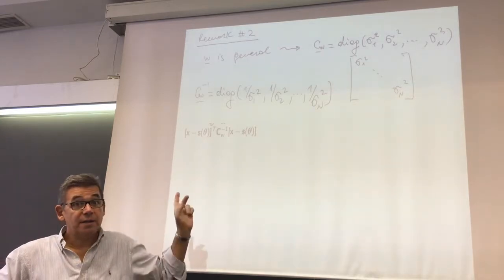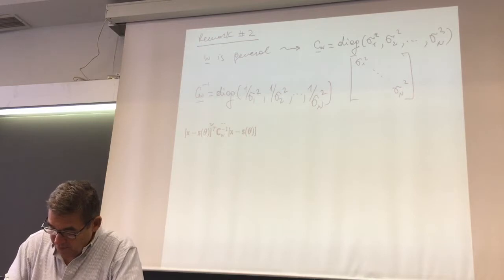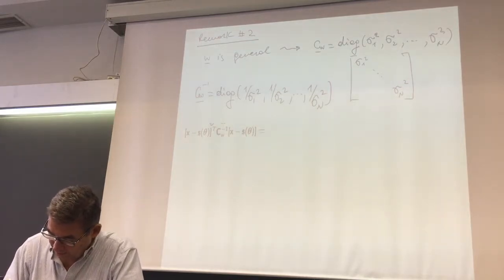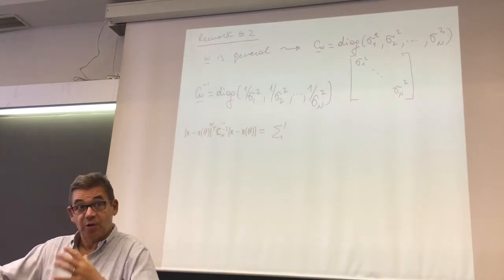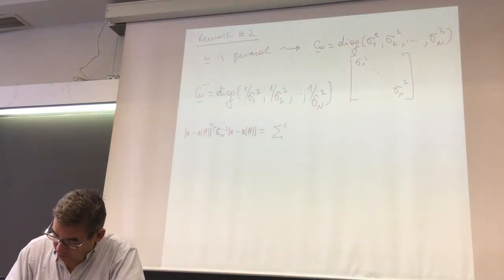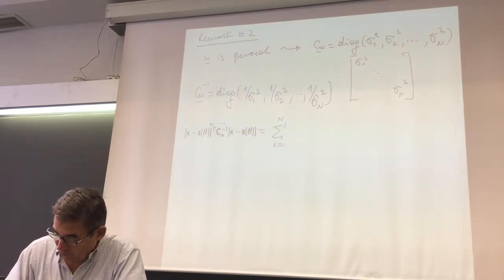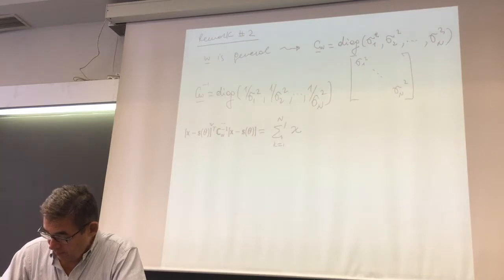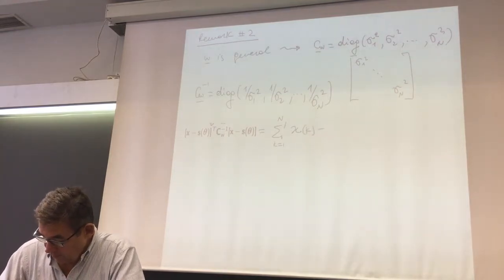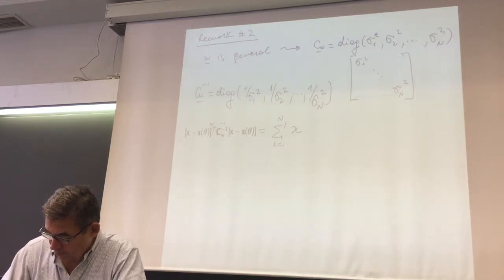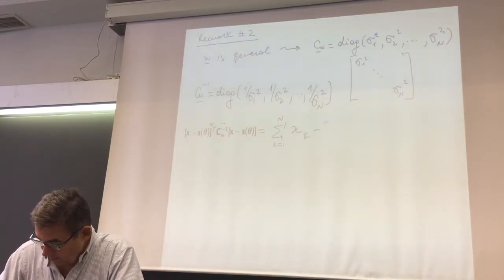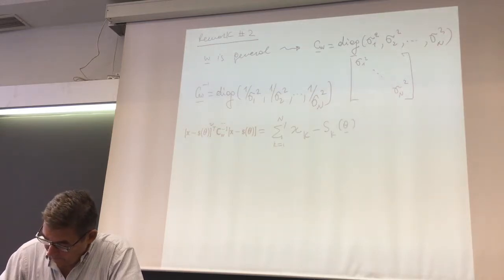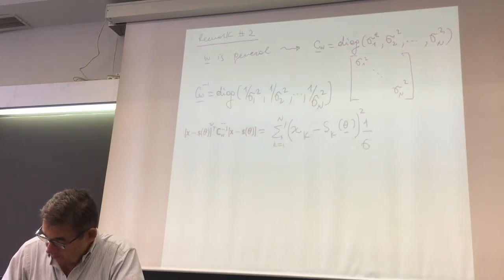Okay, so let's write this one in the extensive form. This means that it is equal to the sum for k equal 1 to capital N of (x_k minus s_k depending on theta) squared, multiplied by 1 over sigma squared k.